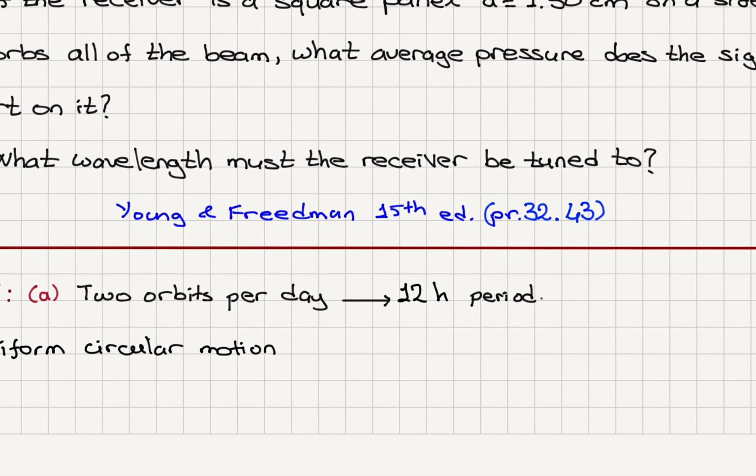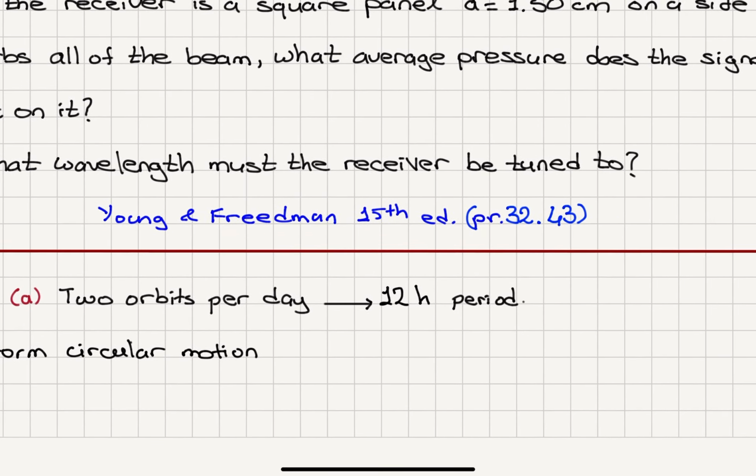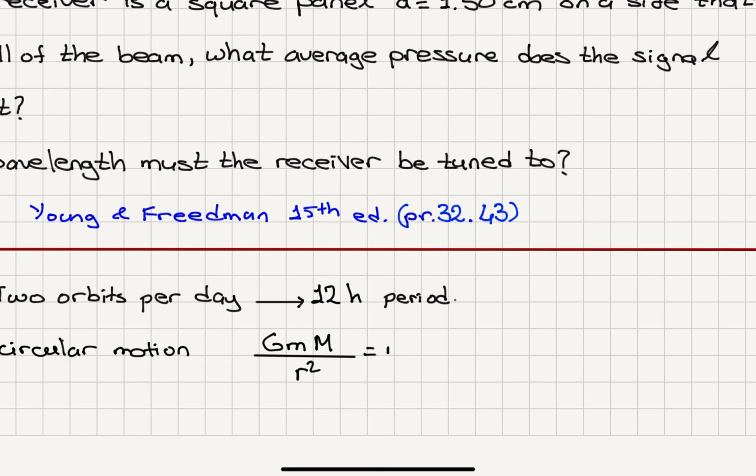So that implies the gravitational force, universal gravitational constant G times mass of the satellite, mass of the Earth divided by the radial distance squared is equal to mass times the centripetal acceleration, mv squared over r.